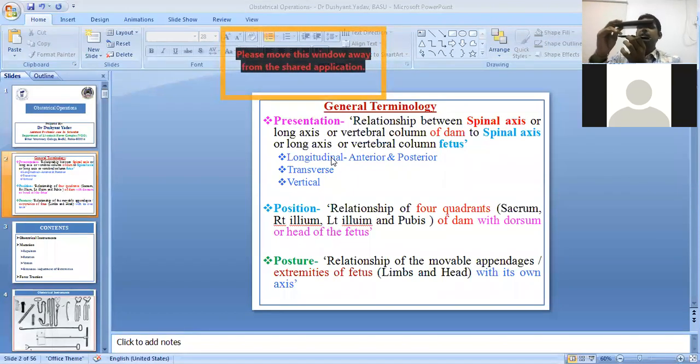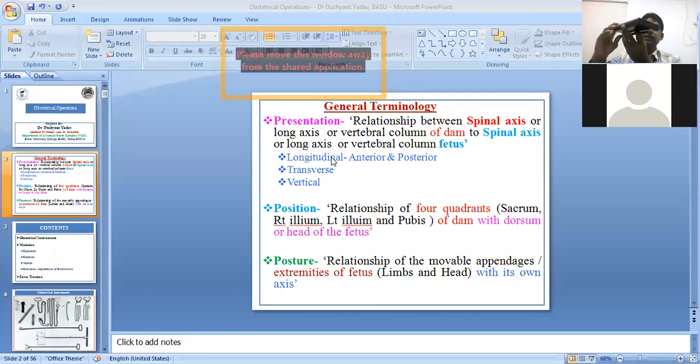In this, if it is the head of the fetus toward the pelvis, that is the birth canal of the dam, then it is called anterior presentation. If it is the anal part of the fetus, then it is called posterior presentation.